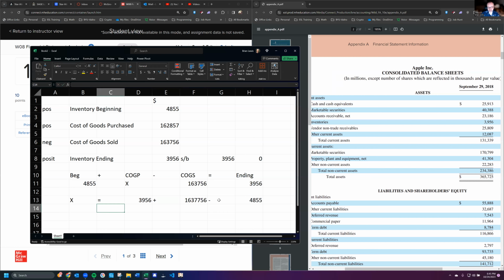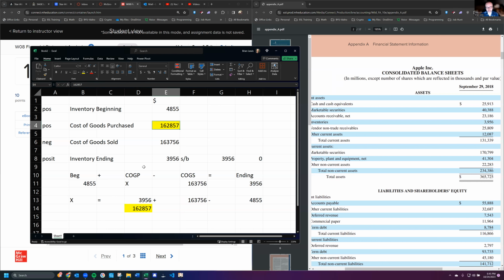Now, if we do that and we just do this via the formula, 3956 plus 163,756, I almost got that one wrong, minus 4855. That should give us our same number. This is wrong right here. I double fat fingered that one. Okay, so 162,856. So that way is the same as this way, right?